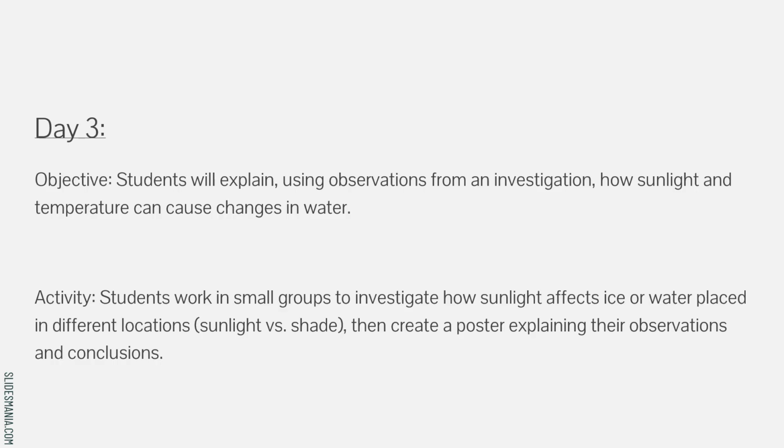For the main activity, students will work in small groups and investigate how sunlight affects water or ice. They'll place them in different locations, like out in the sun or in the shade. And then after, they'll create a poster explaining their observations and their overall conclusions.